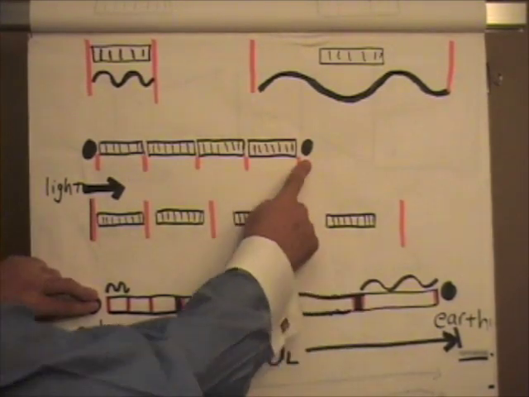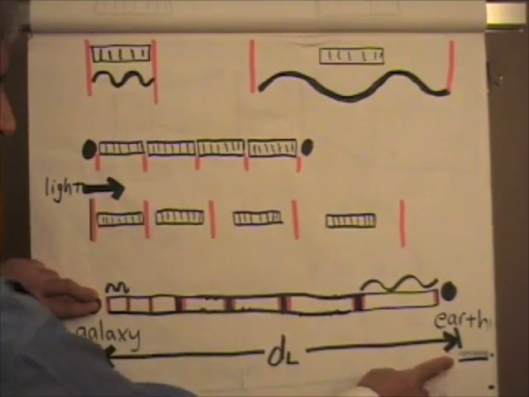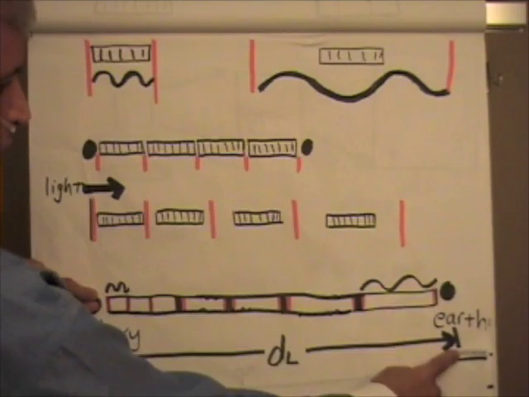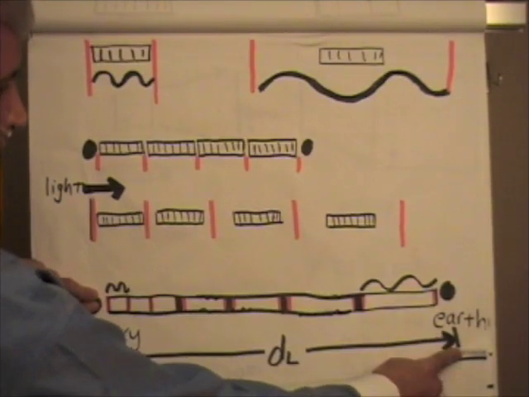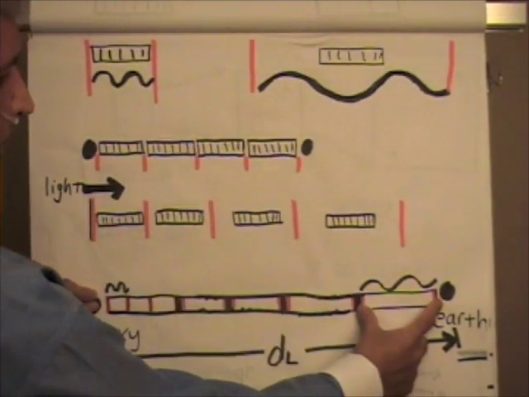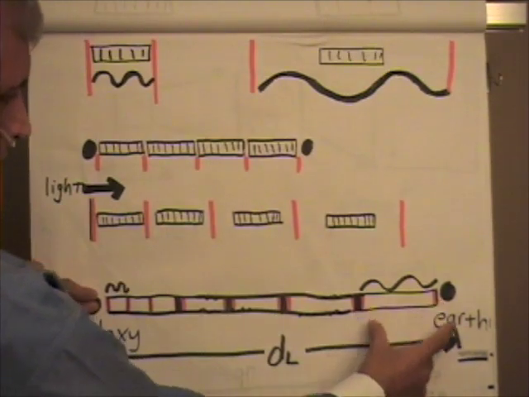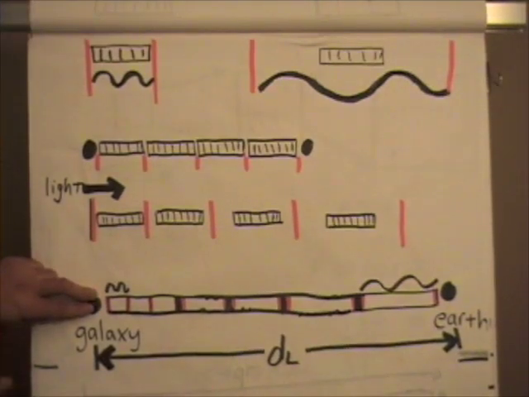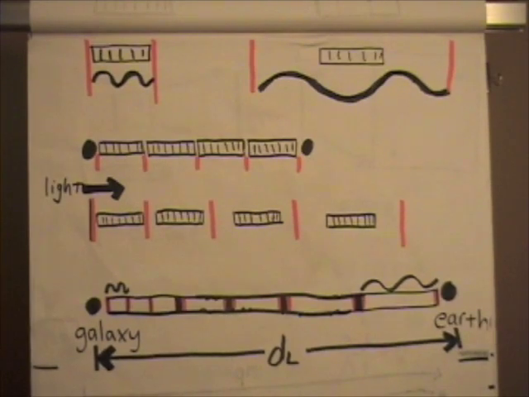It wasn't the distance when the light was emitted, and it's not the distance when the light is observed, because when the light is observed, each of these segments will have expanded by the maximum amount. So the picture would be segment, segment, segment, segment, segment, segment, with a galaxy off the edge of the page here somewhere.